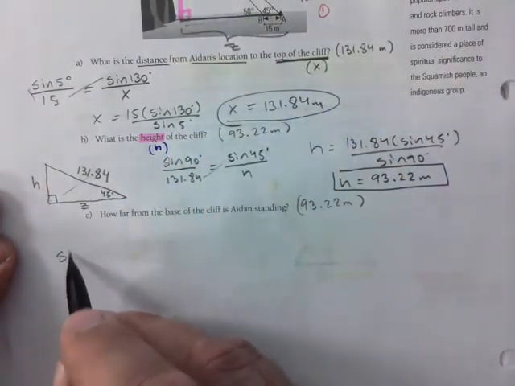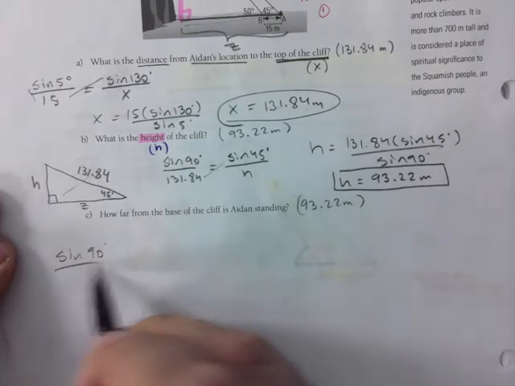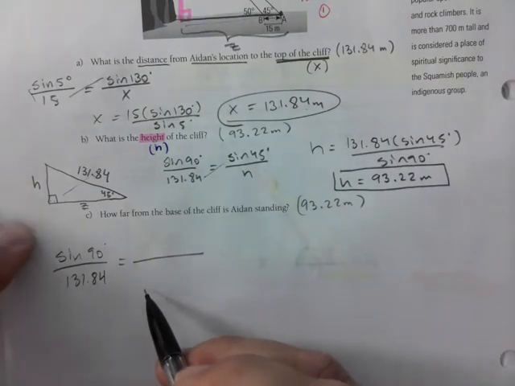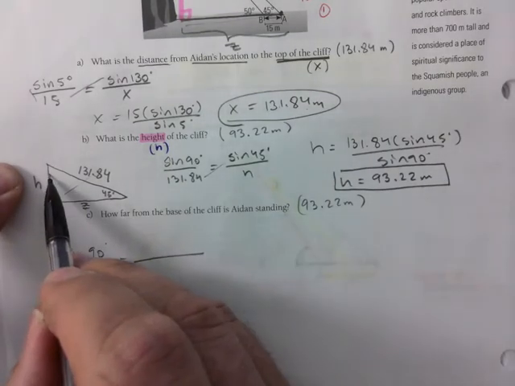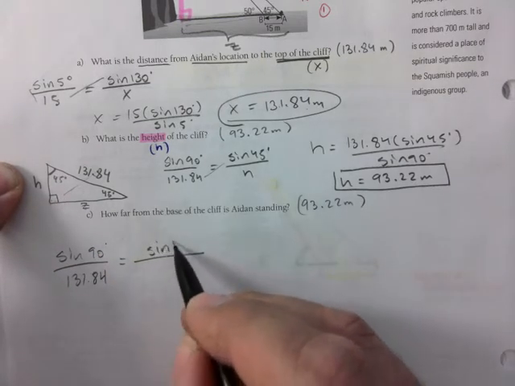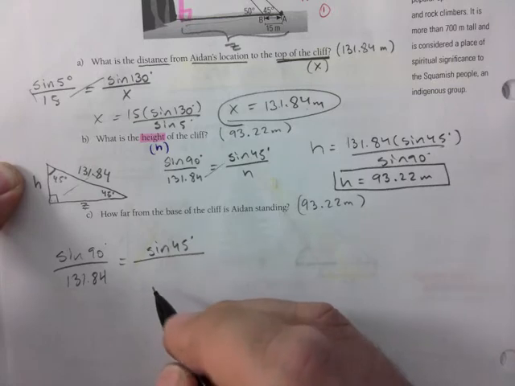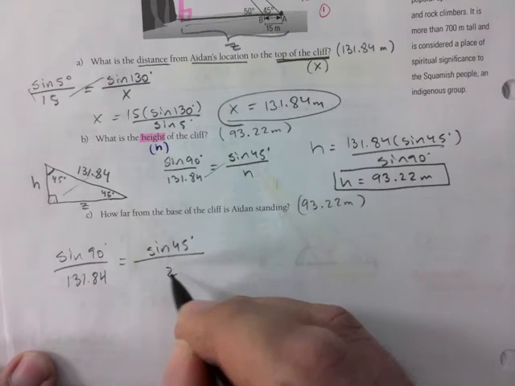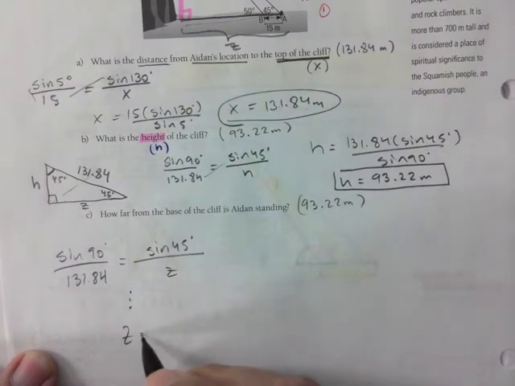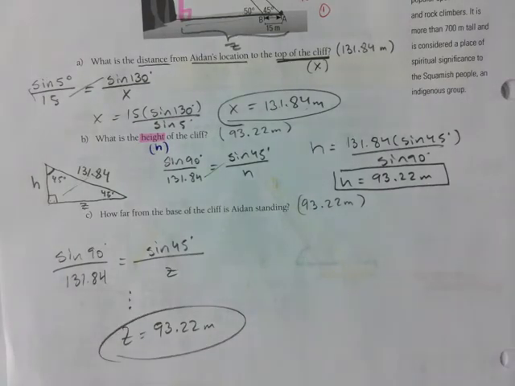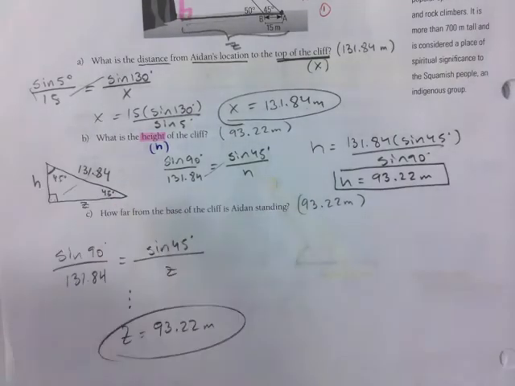So can I use that same pair? I can use sine of 90 over 131.84 because we're talking the same triangle, right? But what's this angle up here? It's also 45. It's going to be the same answer. It's a right isosceles triangle. Z is 93.22. This is just pure coincidence because the angle happens to be the same as the other one, right? Both of them are 45.